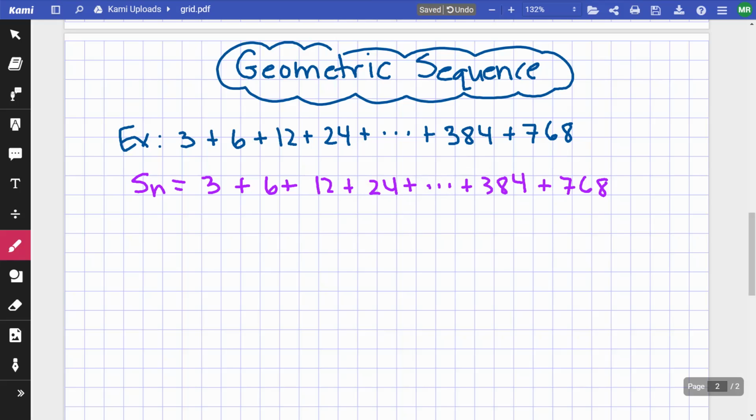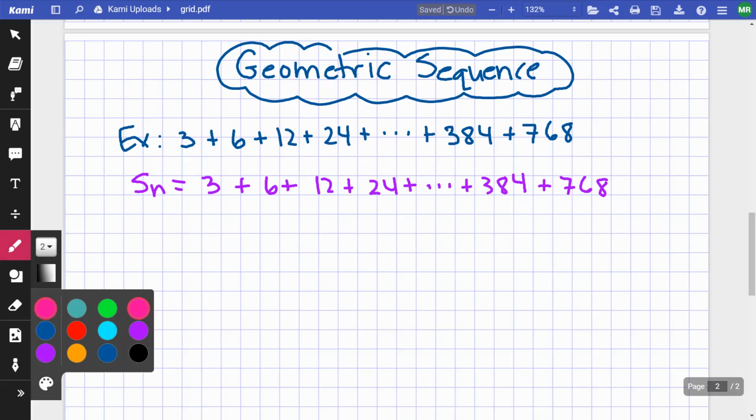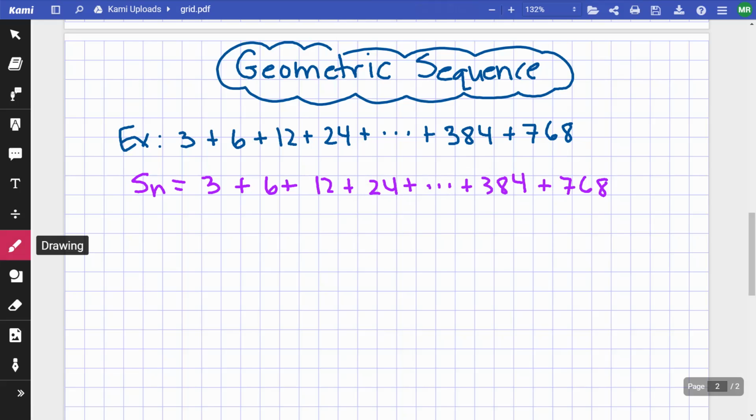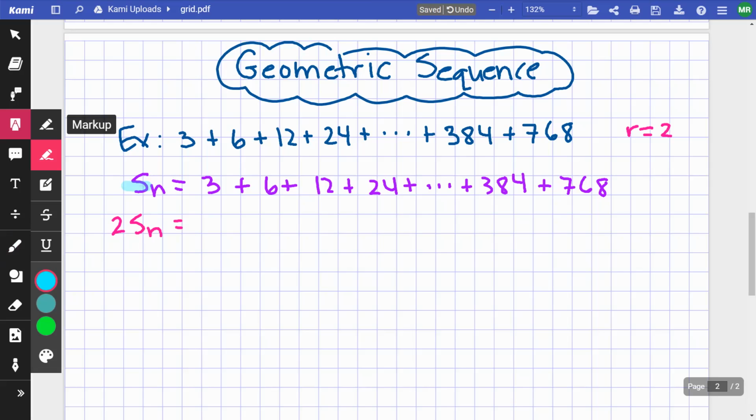I'm going to give us an equation here in a sec, but this is one way to do it. So in this situation, I was multiplying by 2 to generate the numbers 3, 6, 12, 24. So what I'm going to do is I'm going to take 2 times my S sub n and see what I get. So I'm timesing everything in this equation by 2.